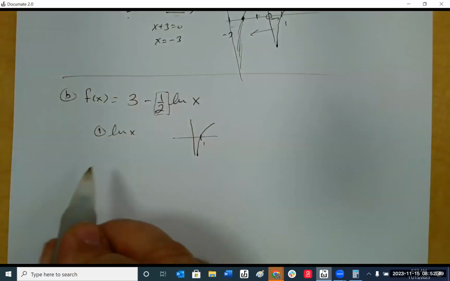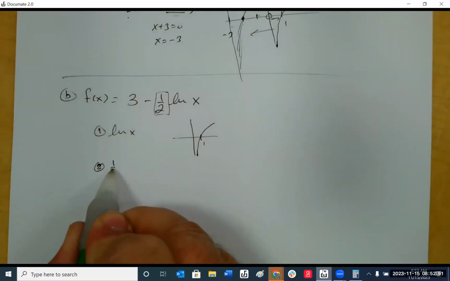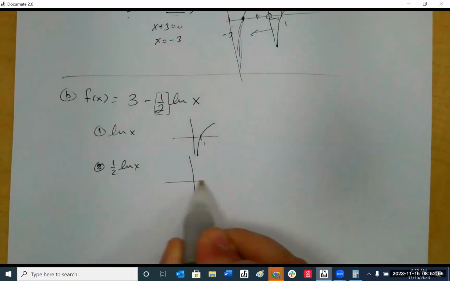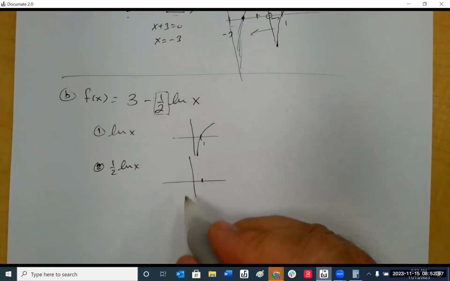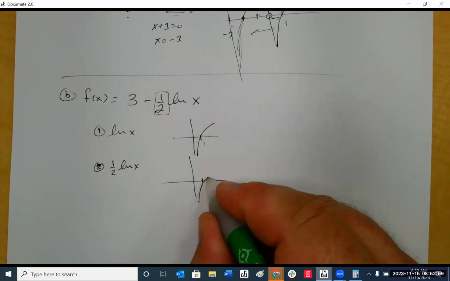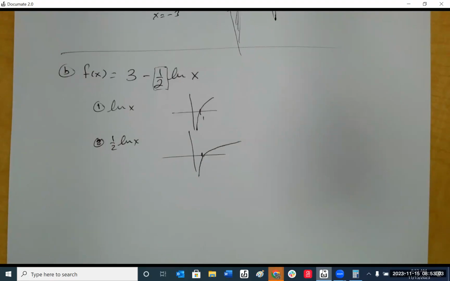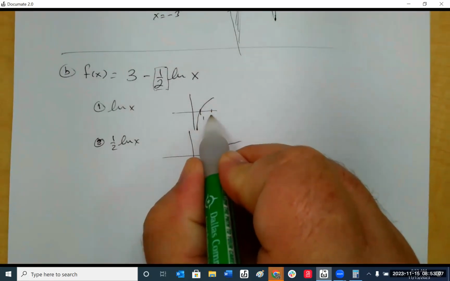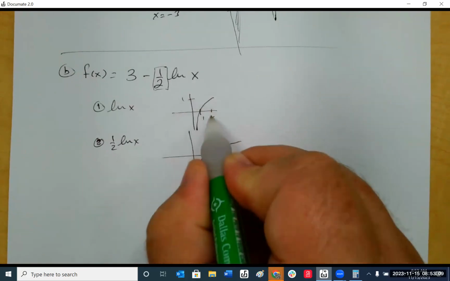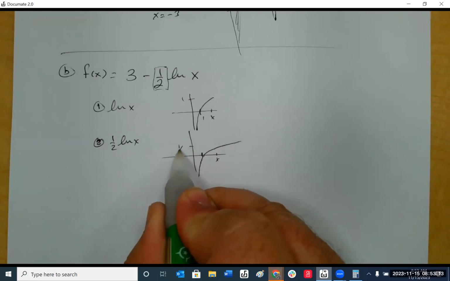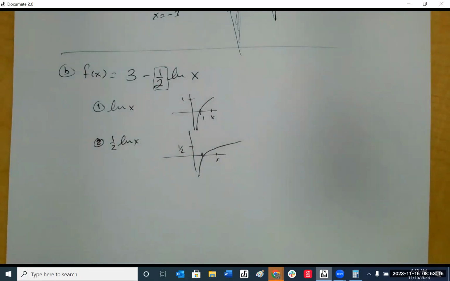The coefficient in front makes x half as far. Because if at some number x it was 1, now at the same value, it's at 1/2. So it's a vertical shrink.